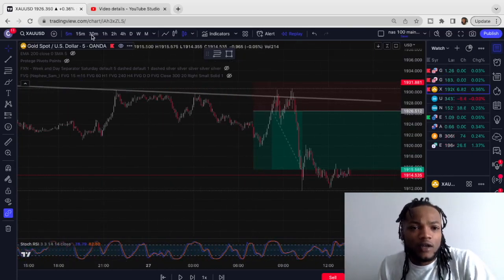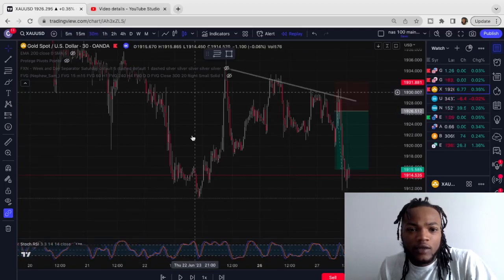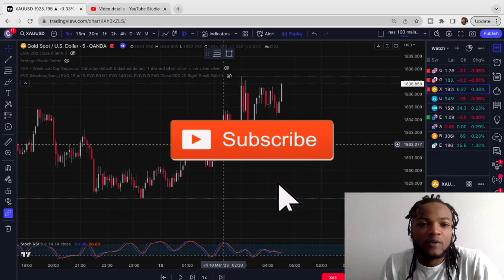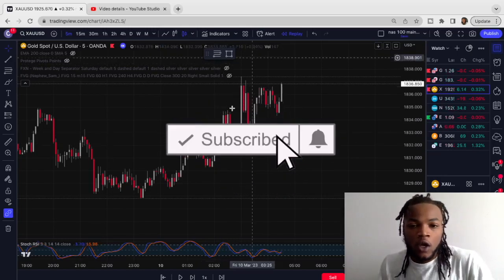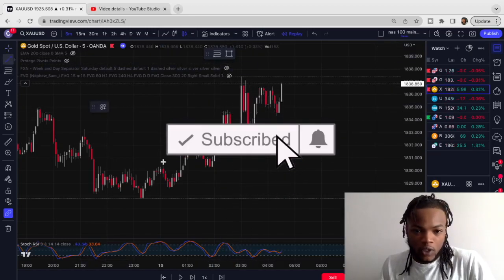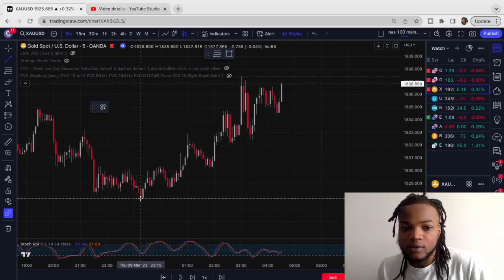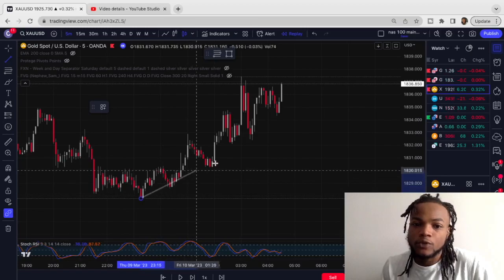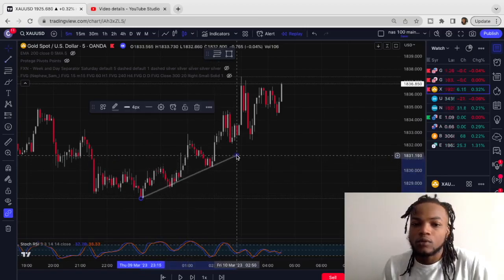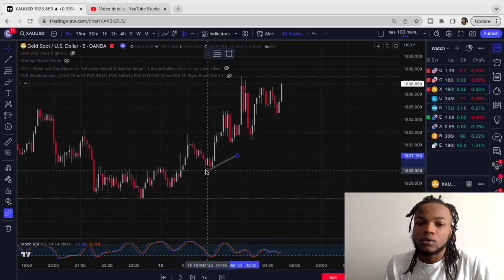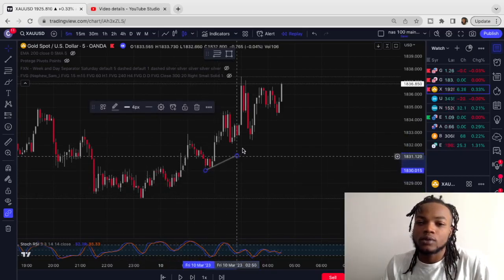Let's see if I can find a little buy instruction real quick. Let me see if I can get in the buy market real quick. Okay, now that I found the buy situation, we can put up our trend line. We need to mark 3 places that are touching on this buy. So 1, 2, 3. We could easily do it like that, or we could do a trend line like this.